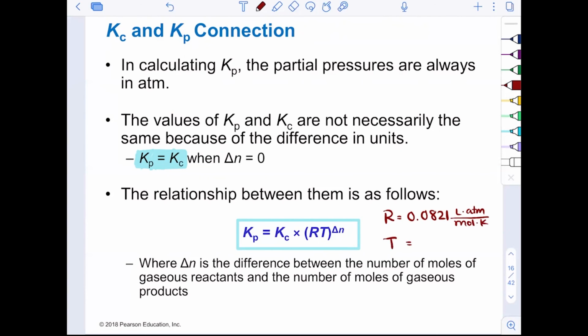T is temperature in Kelvin, and delta N, the exponent, is the change in moles. Delta N is final moles, or product moles: add up the coefficients of the products, minus the initial moles: add up the coefficients of the reactants. Excellent.